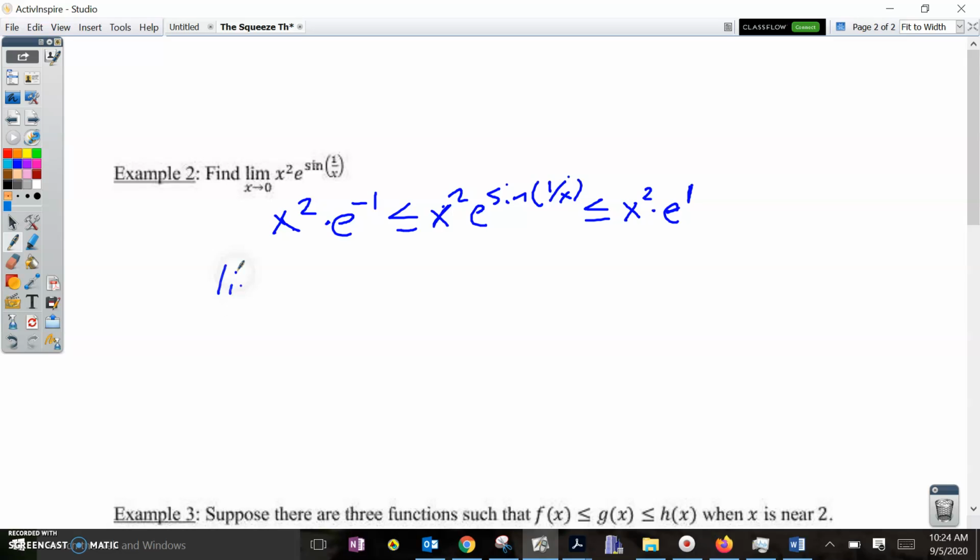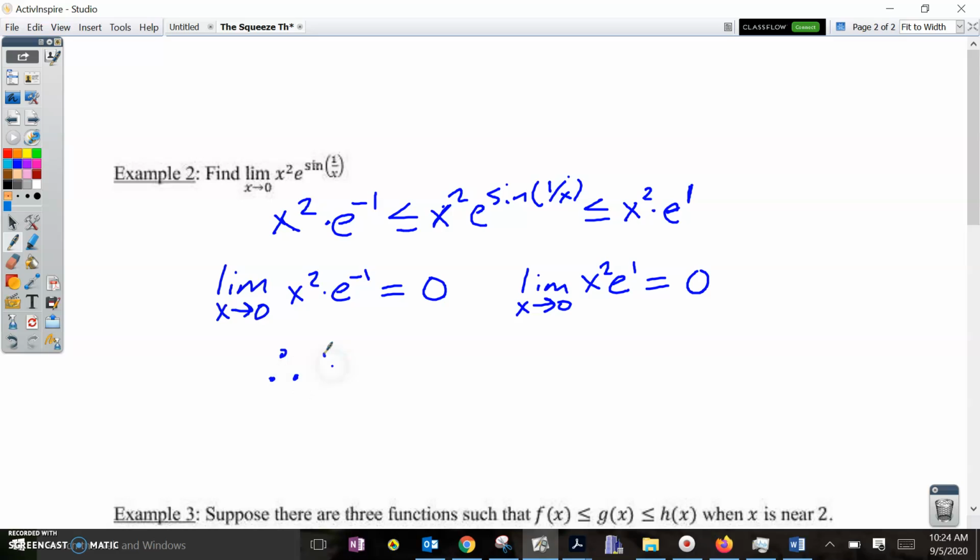And then, of course, the limit as x goes to 0 of x squared times e to the -1. Well, e to the -1 is just a constant, and so by substitution, this limit is 0. Same thing with x squared times e to the first. We've got 0 times e when we substitute that in, and 0 times e is 0, since e is just a constant.